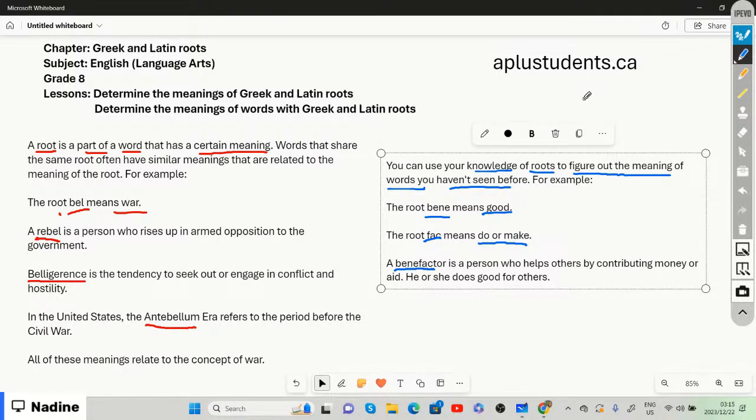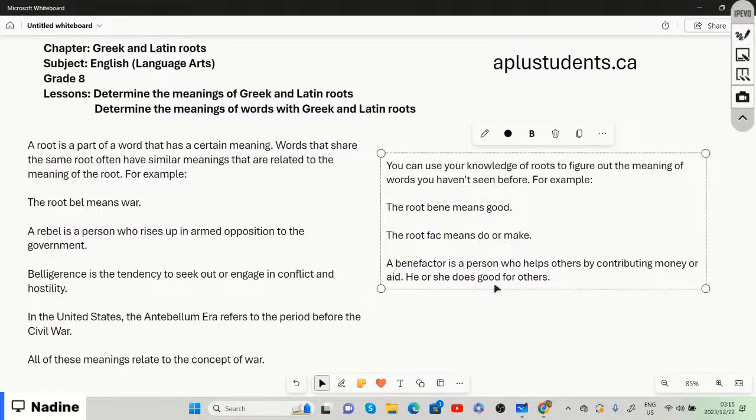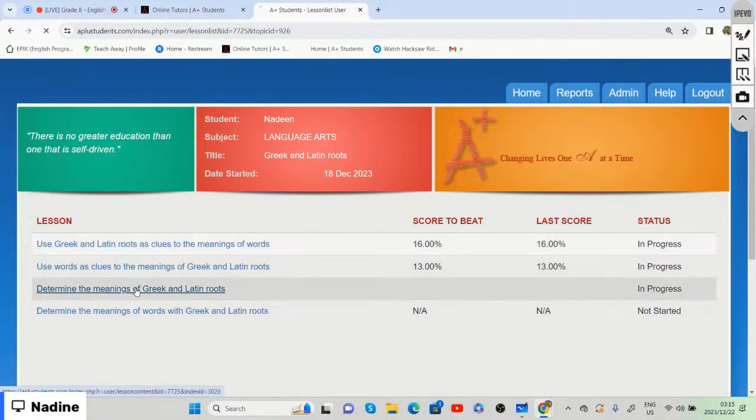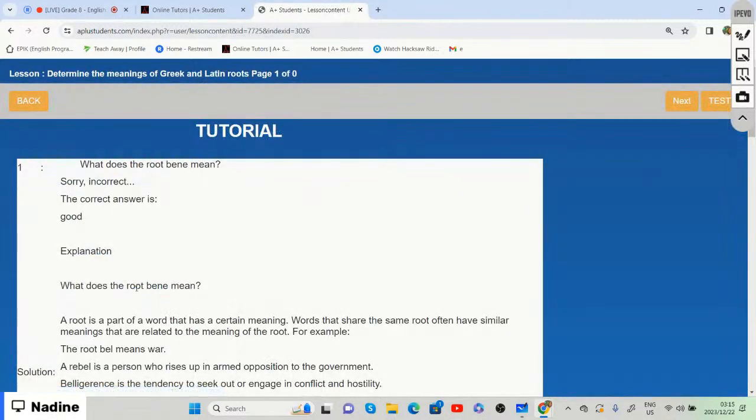All right, so we are doing our tutorial lesson on aplusstudents.ca, and we're going to the third lesson, which is to determine the meaning of Greek and Latin roots.